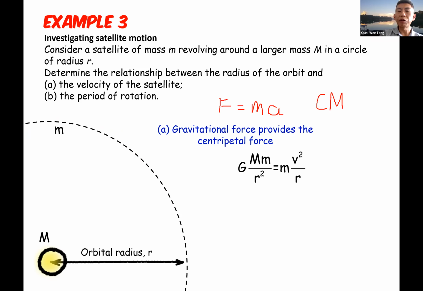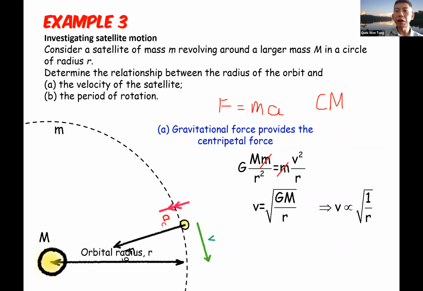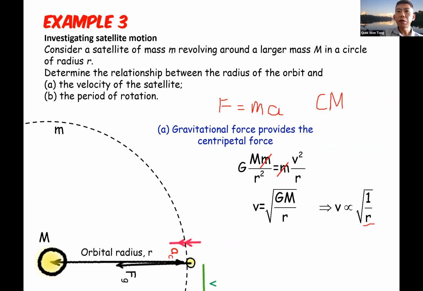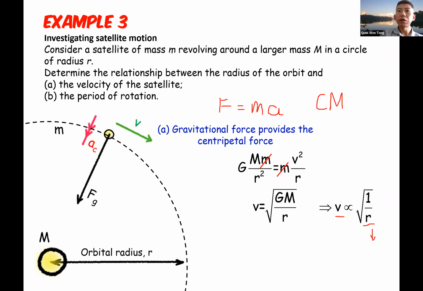This first line, you cannot anyhow write for a different situation. It is for things going in a circle due to gravity. So you go on and expand, and you'll get a relationship like this. You see that v is proportional to 1 over square root r. This is important. This tells you that as the radius decreases, v increases.